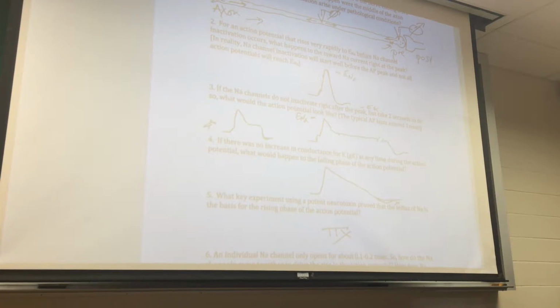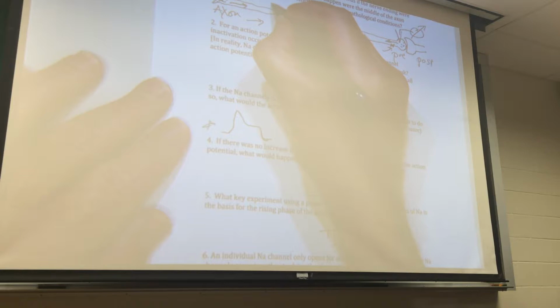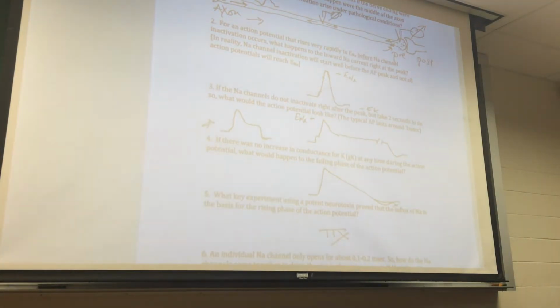The rising phase is at the leading edge, isn't it? So does the action potential look like how we draw it? That's a time sequence, not a directional sequence. The action potential will look like this. It will look backward, reversed, right?